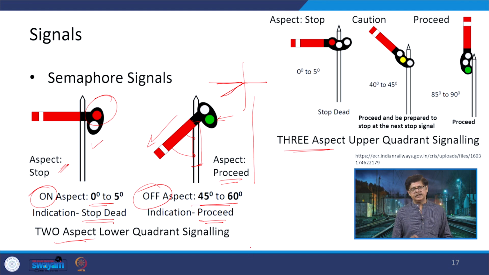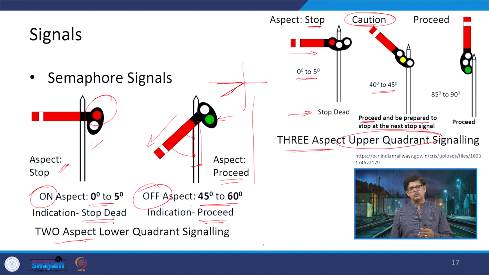So as to take care of that, the upper quadrant system has been thought of, wherein again in the horizontal condition, which is 0 to 5 degrees, the aspect is stop, and the indication is that you have to stop dead. But if it is at 40 to 45 degrees, then it says caution. This is the additional thing which has come between stop and proceed, and what it says is proceed, but be prepared to stop at the next stop signal.